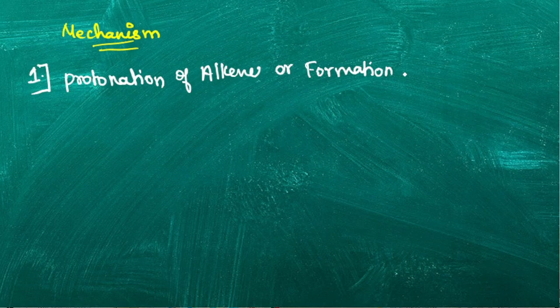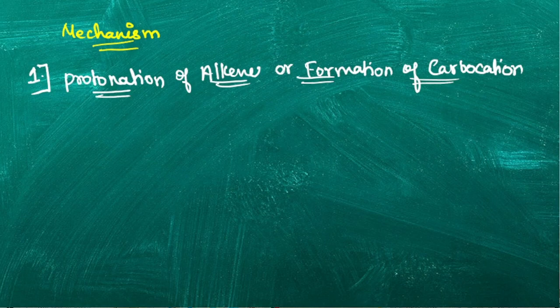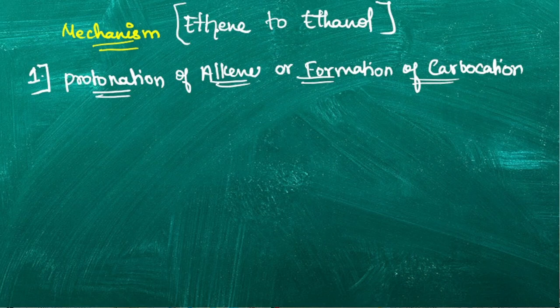Here what we are going to do is convert the alkene to alcohol. So I am going to convert ethene to ethanol. For that I am writing the mechanism step by step. Directly I told you we are following Markovnikov's rule, so that the negative part is going and attaching. All these we discussed, but we should know how this process occurs step by step.